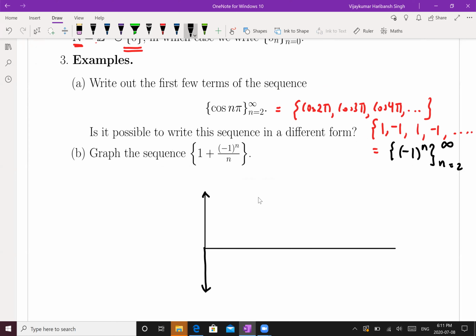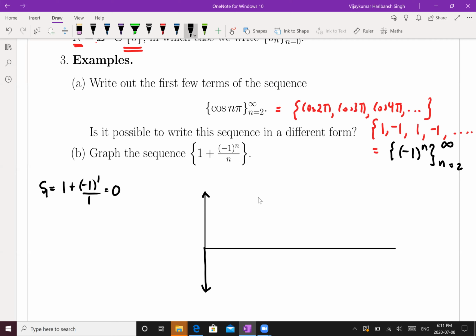Let's first write down a few terms. S1: you substitute 1, you get 1 plus minus 1 to the power 1 by 1, which is going to be 0.